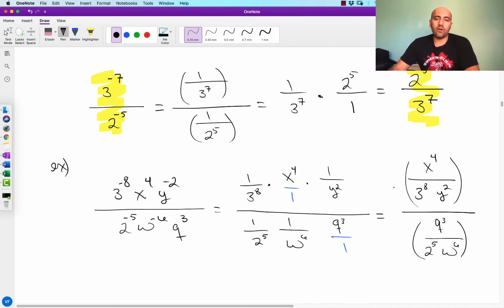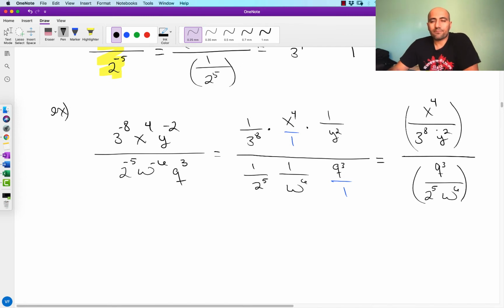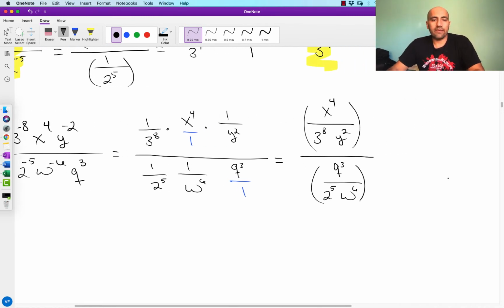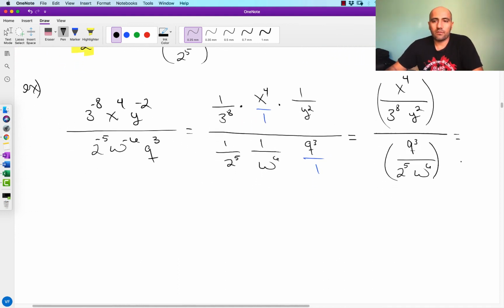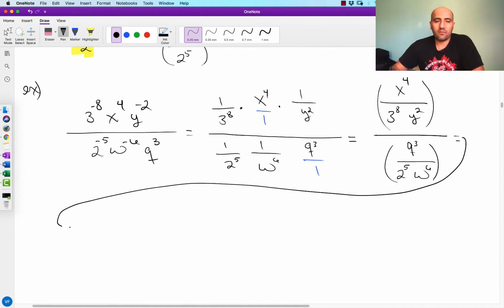Okay, so now we have one big ugly fraction where the numerator is a fraction, the denominator is a fraction. So the way we simplify this is to multiply the numerator. Well, let's put it over here actually. So we're going to multiply the numerator, which is x to the 4th power divided by 3 to the 8th power, y to the 2nd power, like this.